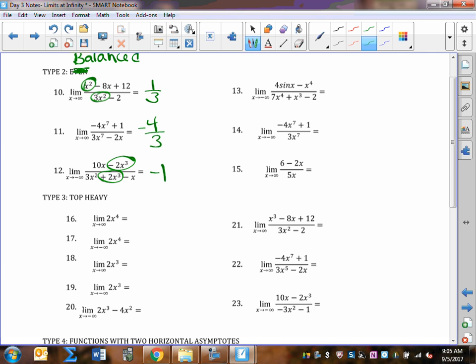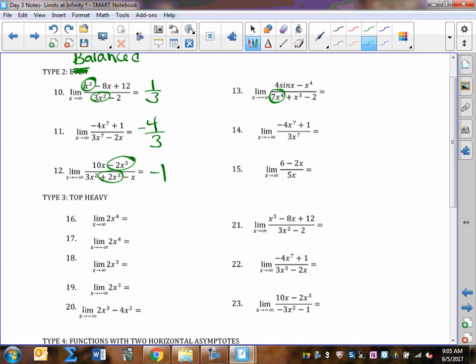All right, now number 13. Again, we have that sneaky sign come back in. So here it's a little different. We know our largest term in the denominator is 7x to the 4th. But up top, we need to figure out what's taking control. Now, for sine x, the largest it could be is 4. The smallest it could be is negative 4. So when we're plugging in really large negative numbers, like negative 1,000,000, this becomes insignificant in comparison to the negative x to the 4th.